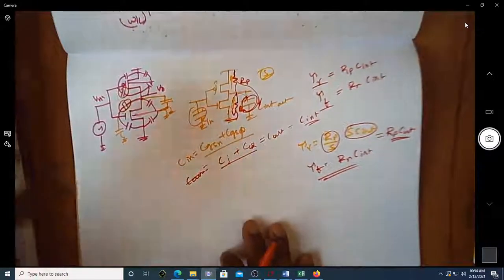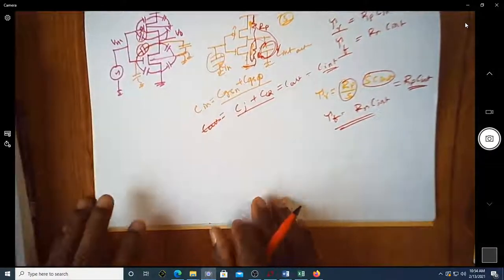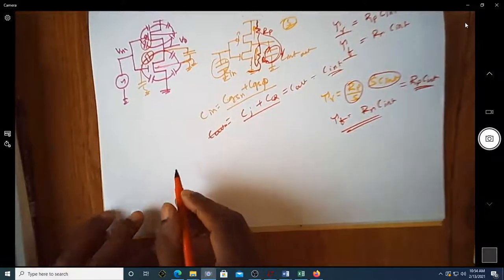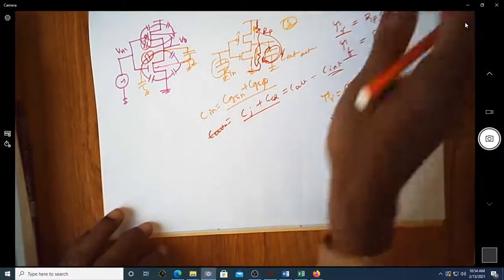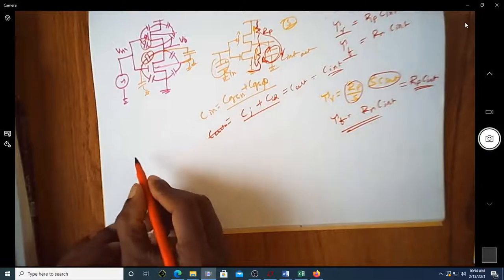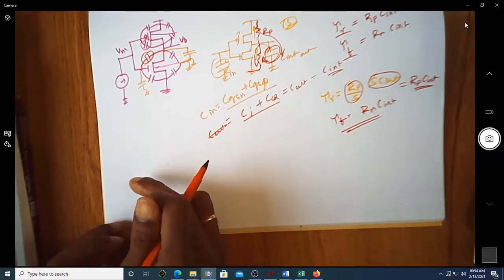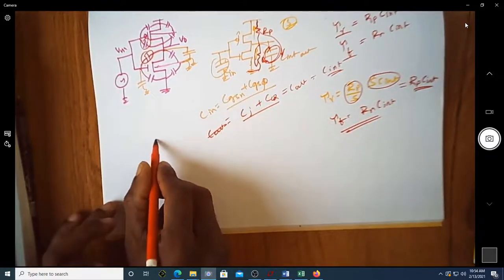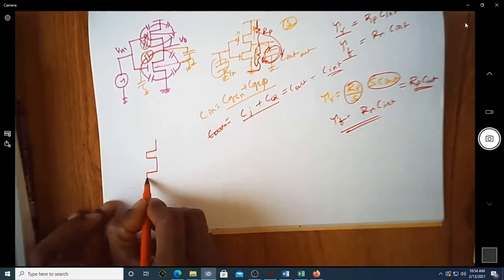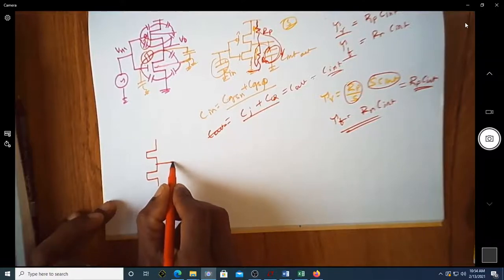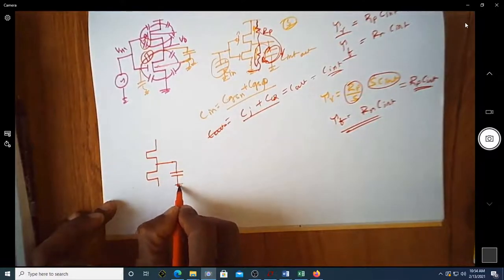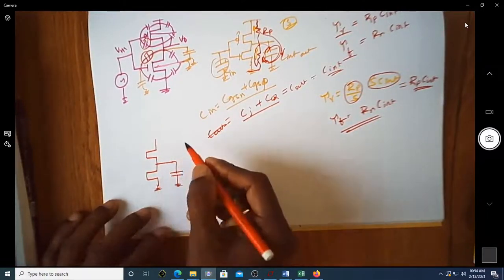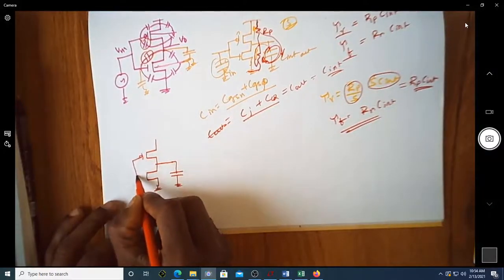Okay, let us try to get an exact expression for the rise time and fall time. Since we consider the rise time as the time taken for the capacitor to rise from 10% to 90%, what I have is something like this. Now I'm representing the equivalent resistance under no load condition.